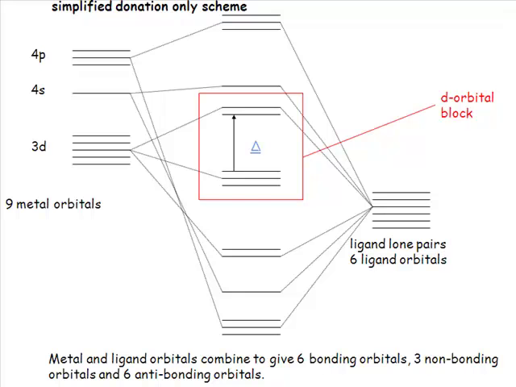But this gap is very small. So there's no particular advantage in filling these, which are essentially non-bonding orbitals, with electrons, and there's no particular disadvantage in going on beyond 18 electrons and feeding electrons into here, because the separation between these two levels is really very small. So that's what's happening in classical coordination chemistry.